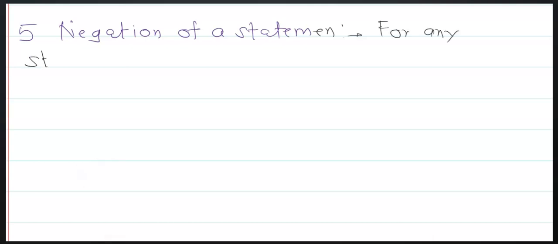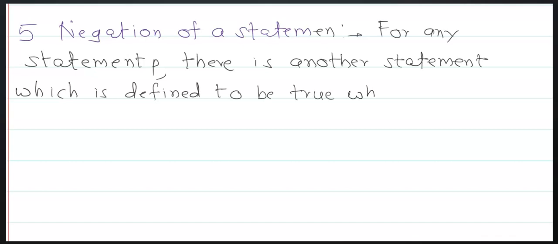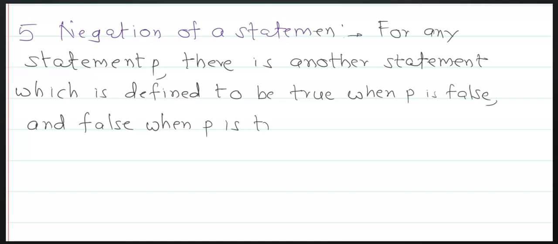Now the next, the fifth one, is negation of a statement. For any given statement P, there is another statement which is defined to be true when P is false and false when P is true.